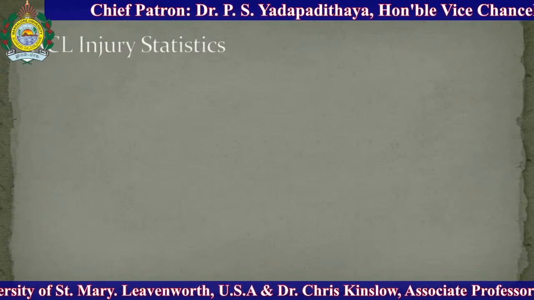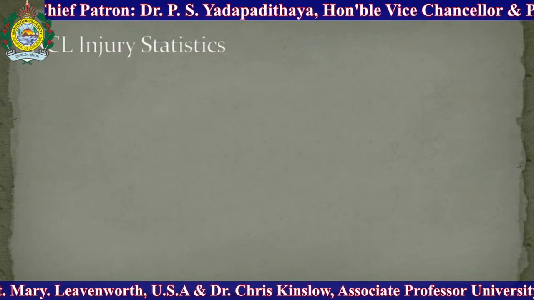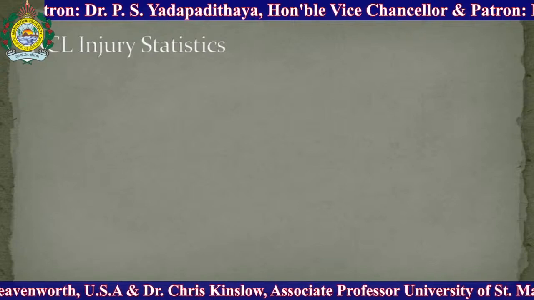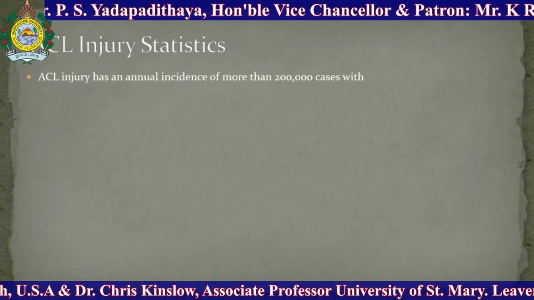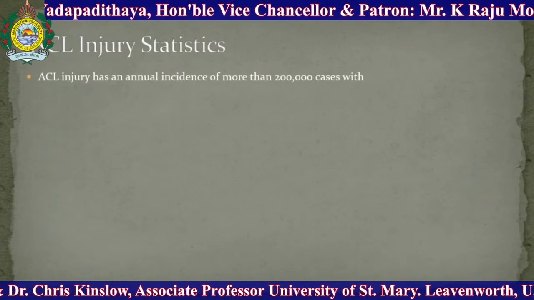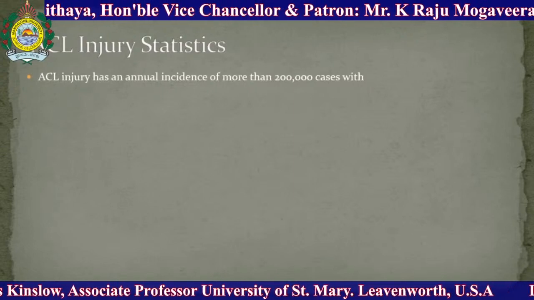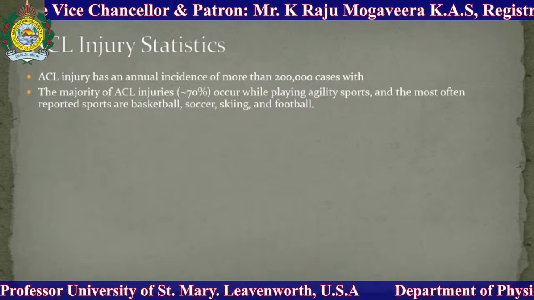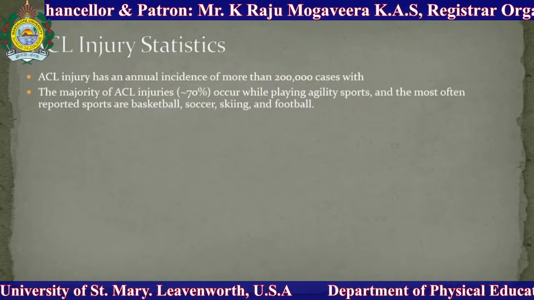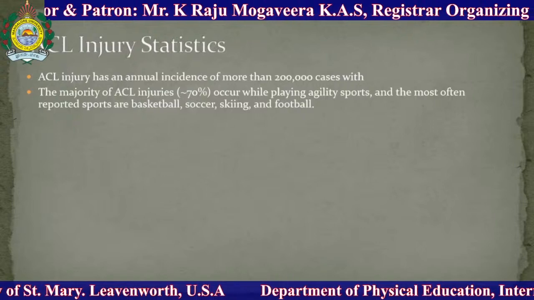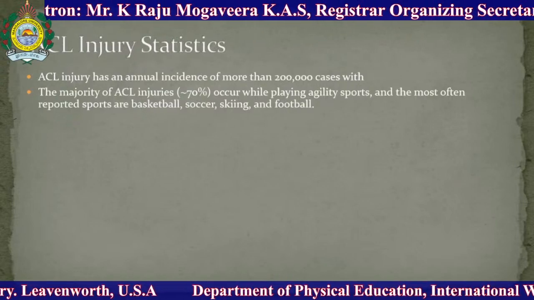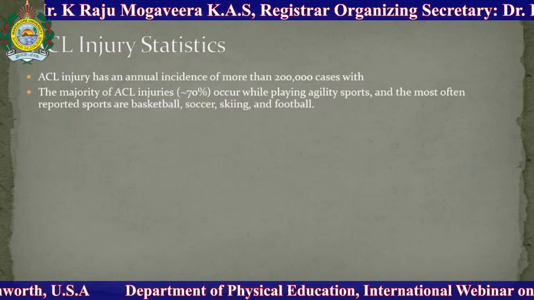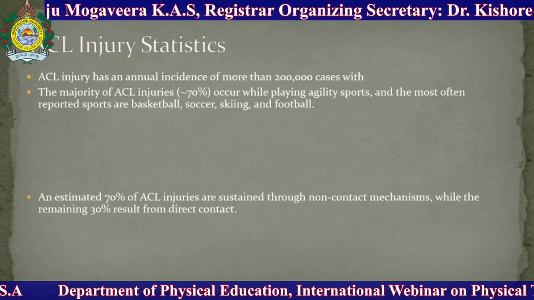So ACL statistics give us a background on how frequent an injury this is and how common it is. It happens more than 200,000 times in a year. It happens a lot in sports in which we are performing agility and twisting, pivoting, torquing maneuvers like basketball, soccer, skiing, and football.